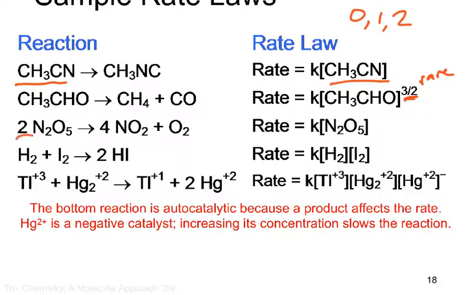Here we have one. You can see you have some coefficients. The coefficient has nothing to do at all with what the order of the reaction is. And then the bottom one is called autocatalytic, because the presence of a product is affecting the rate.